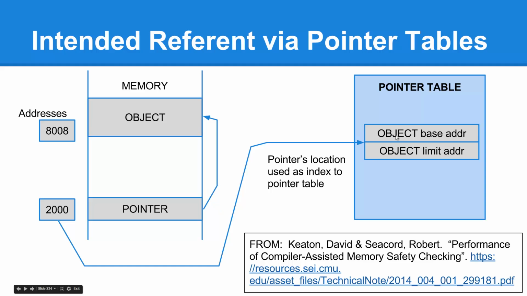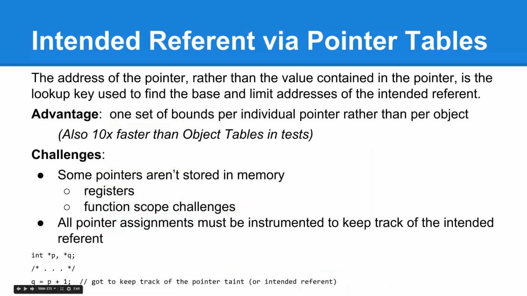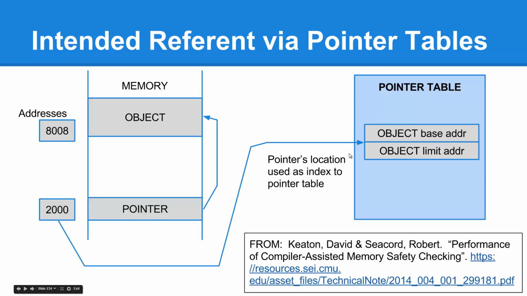But stored in that table is the object's information. So whatever it first points to, the metadata about the base address there and the object's limit address is stored in this table. It's a different way of doing it.